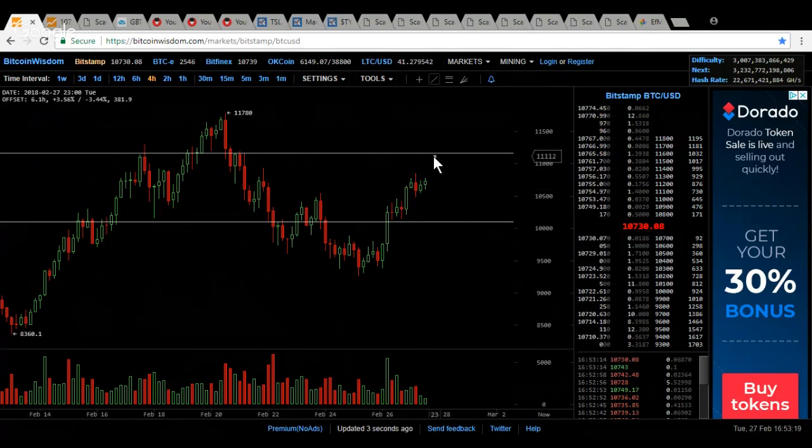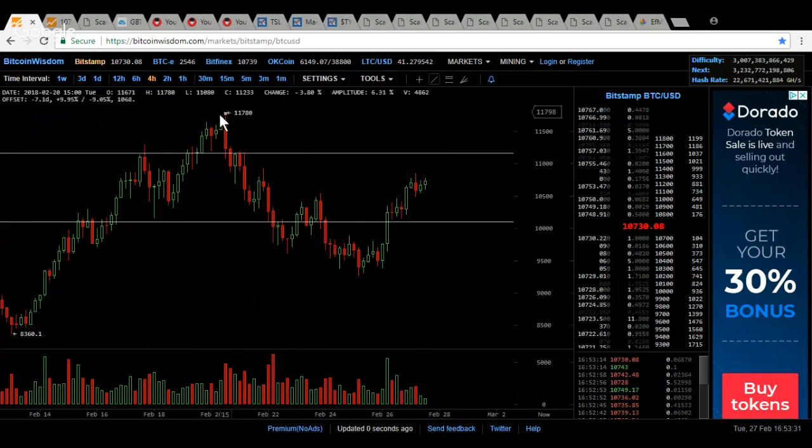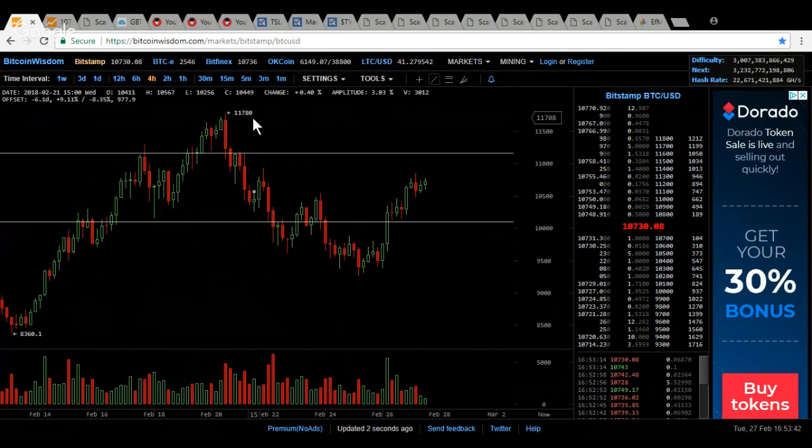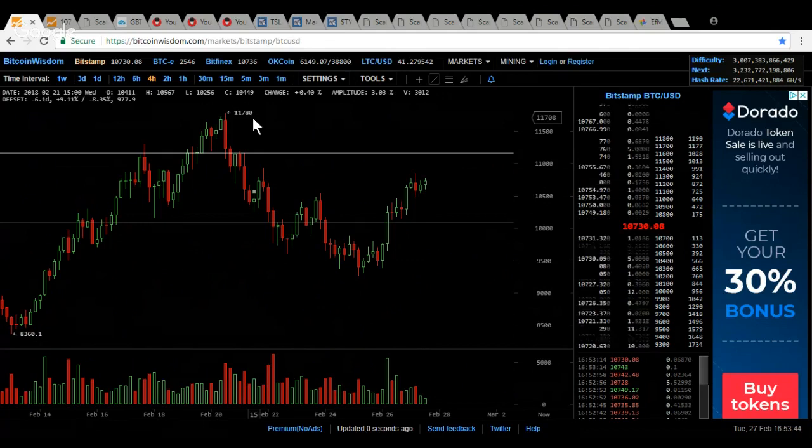It could very well be that we're forming a bullish pattern here to take another run at 11.1. So I have tweeted out earlier today that it is possible, and I will turn very bullish if that is the case. If we can close above 11.1 and then close above 11,780, I believe that we are on our way up to the peak at 19,666 with a couple of stops along the way.